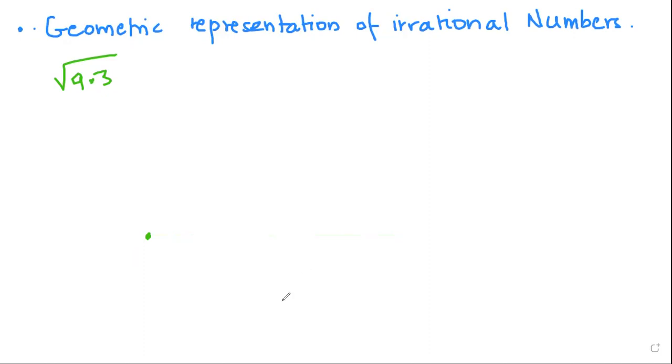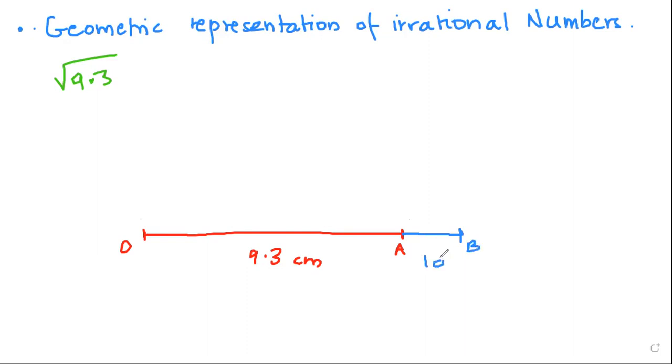Let me use another color. Let's call this OA, and this should be 9.3 centimeters. Once you're done with that, at A, draw another line called B, which is just 1 centimeter.